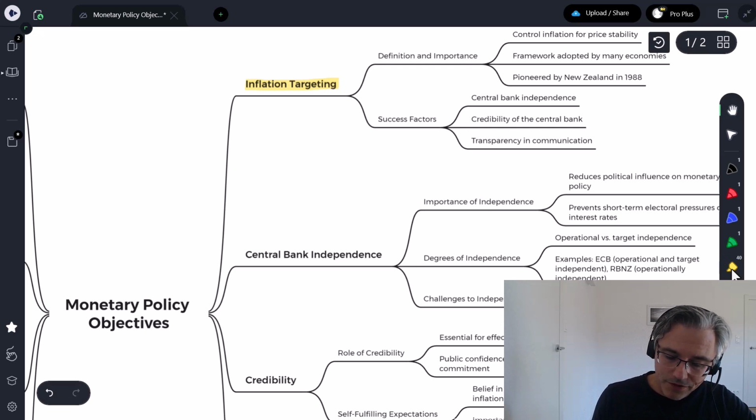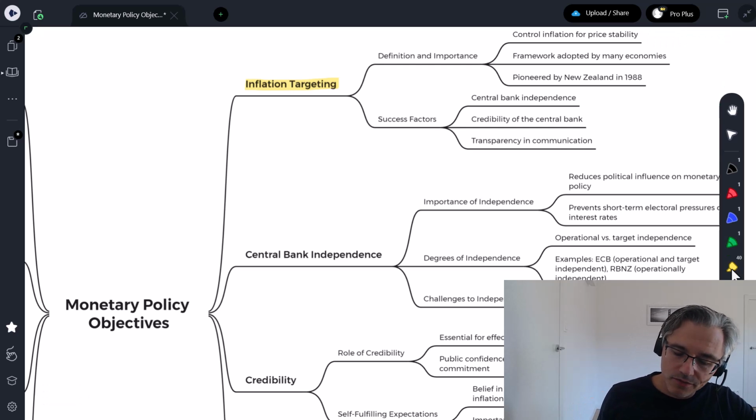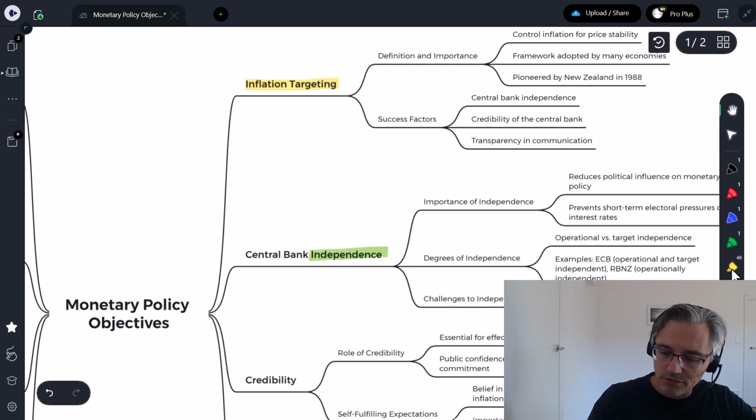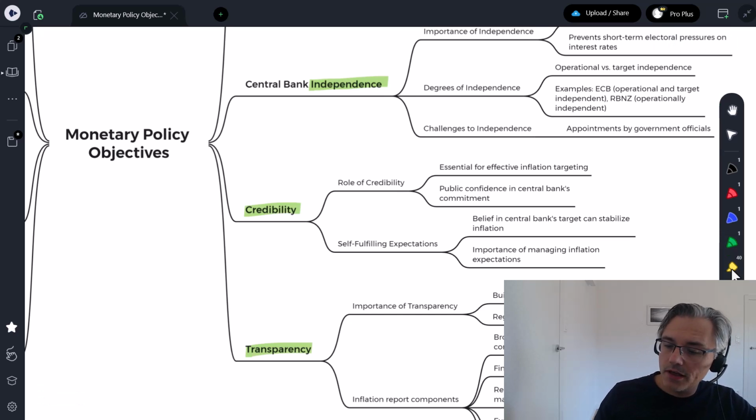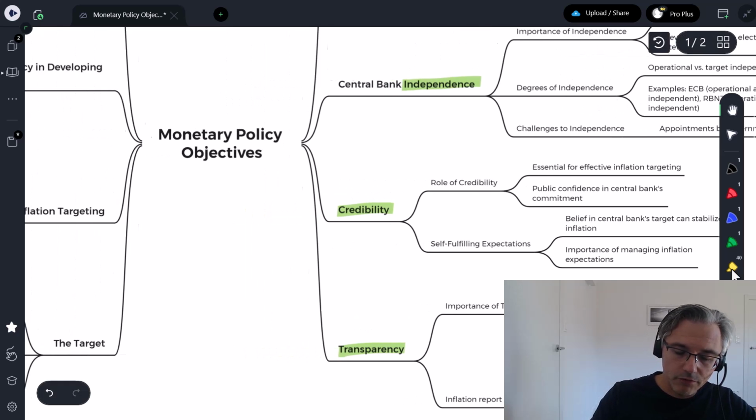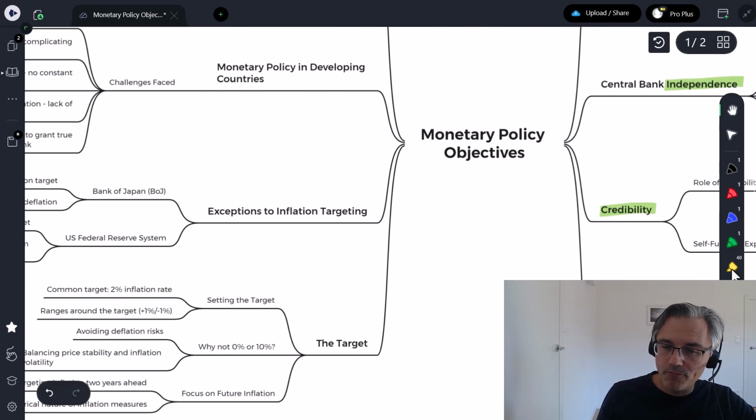We will, however, talk about what is needed in order for that inflation targeting to be successful. Factors like the independence of the central bank, its credibility, transparency in communicating with the markets, how the specific inflation target is set.